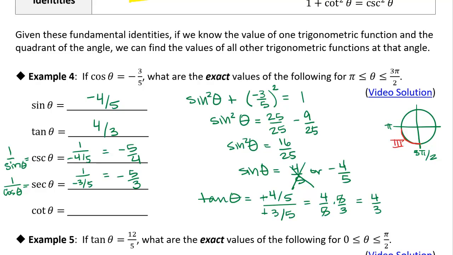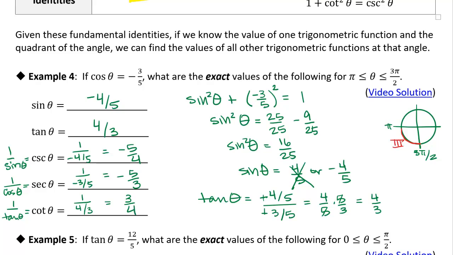And then the cotangent is the reciprocal of tangent, so 1 over tangent of theta. I'm going to take the tangent that I found, 4/3, and just flip it over. I could write it out, but you'll get in the habit of just flipping these things over. So 4/3 gives us 3/4.